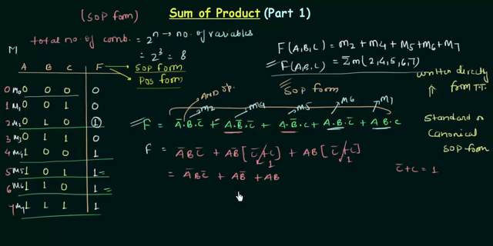And you can see now again we have something common in the last two terms, that is A. So I will take A as common from the last two terms, and we are left with B complement or B, which is again going to be 1. So I have function f equals A complement B C complement or A. Now let's see what we can do.